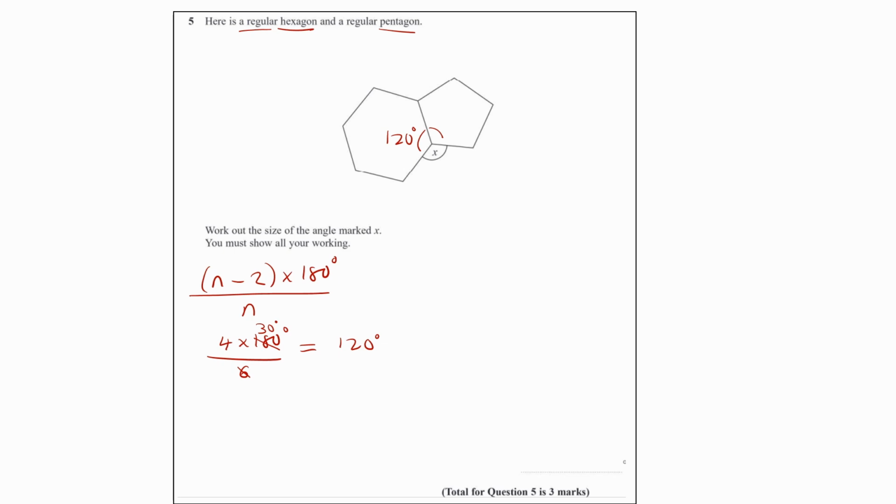So for the pentagon, that's 5 minus 2, which will be 3. So 3 times 180 degrees divided by 5. That's the pentagon. That's the hexagon. 180 divided by 5, that's the same as 360 divided by 10.